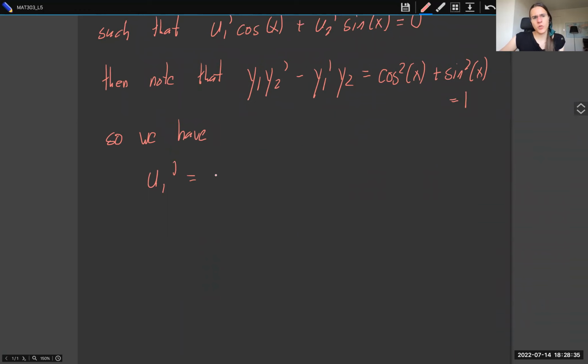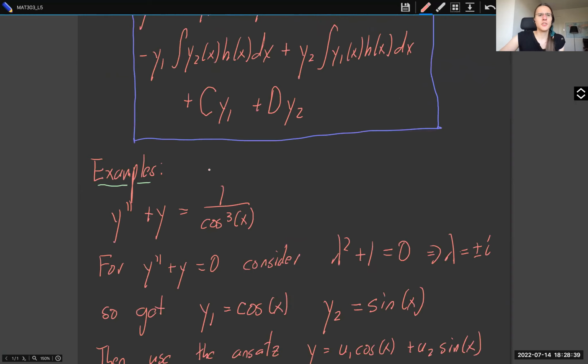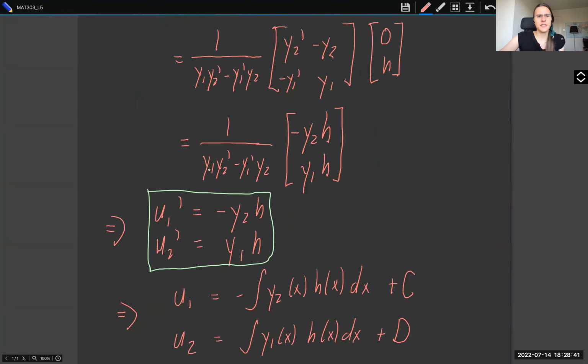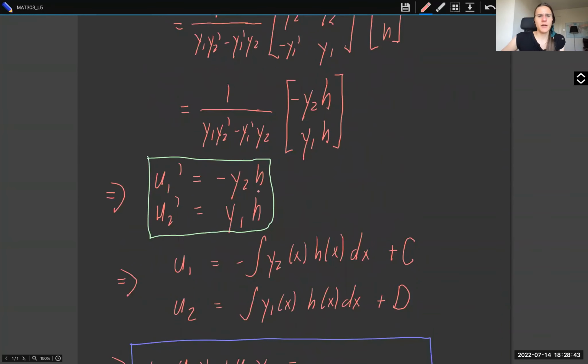Sorry, this is incorrect. These are incorrect formulas. They're divided by the Wronskian. Yeah, there's a Wronskian factor here.